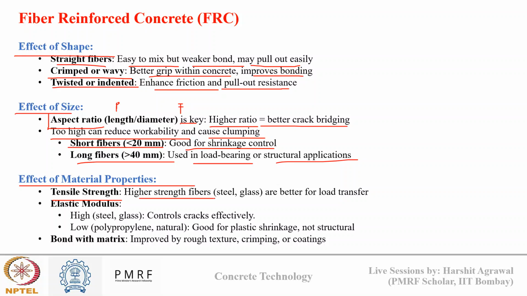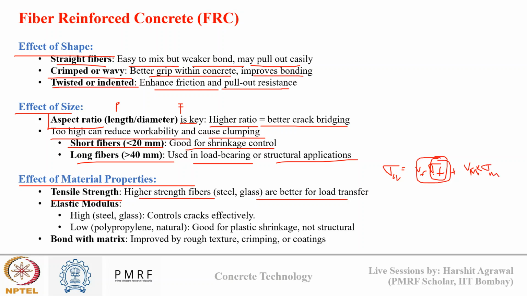Okay. Then material properties or tensile strength. So higher the strength of fiber, better is the load carrying capacity, because we have seen the role of mixture. Sigma CL is equal to VF times sigma F, plus Vm times sigma M. Okay, so this is directly proportional to the stress taken by the fiber also. So we can see from here these two characteristics.